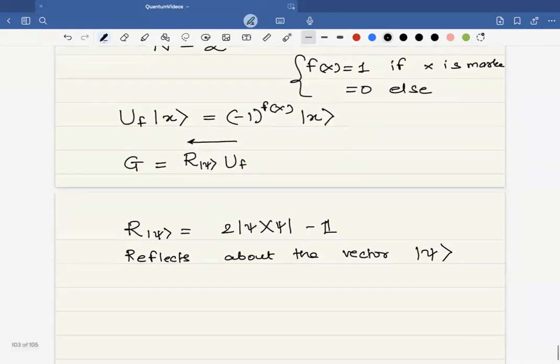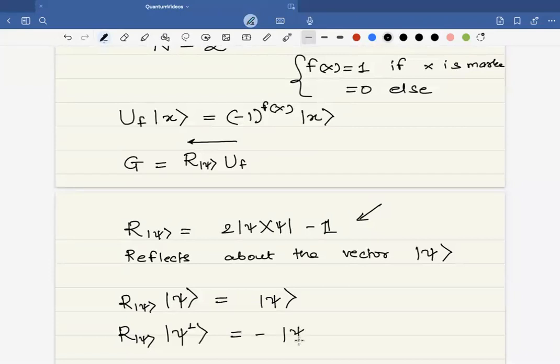And you can see that by the definition of R of psi, if I input the vector psi itself, then it will give back psi. If I take a vector which is in the orthogonal complement of psi, then it will give minus that vector. Right? So R of psi reflects about the uniform superposition vector psi. And we will look at the detailed circuits of these two operations later.